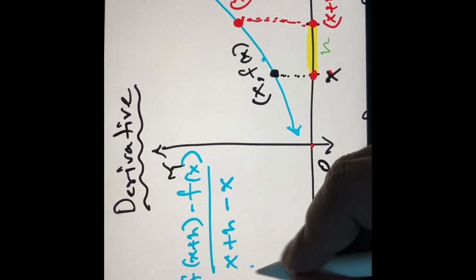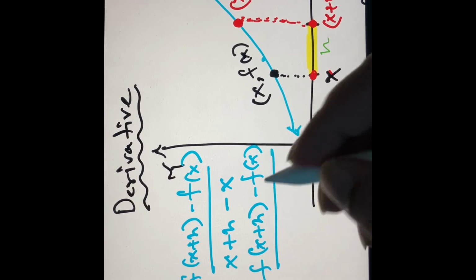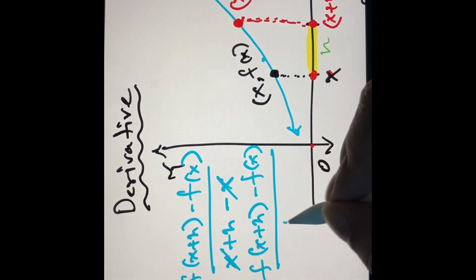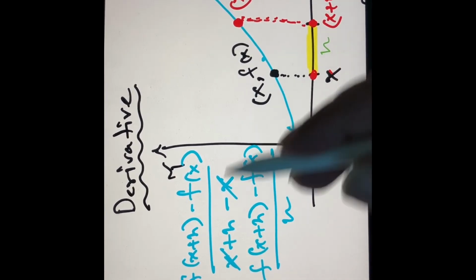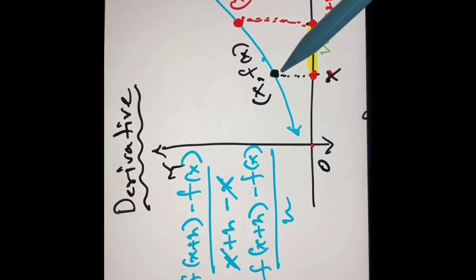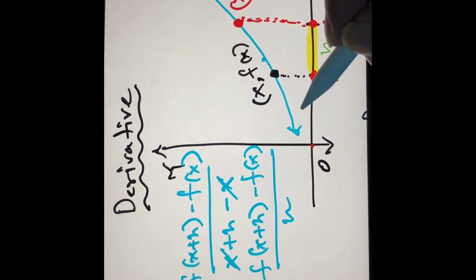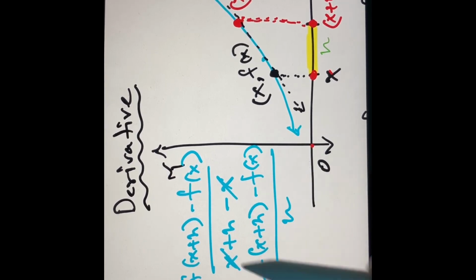So that's going to be f of x plus h minus f of x divided by, well, this x cancels out, h. So this portion is basically talking about the slope of this. Think of it: if we draw a straight line connecting those 2 points, we can find the slope of this line using this formula, right?